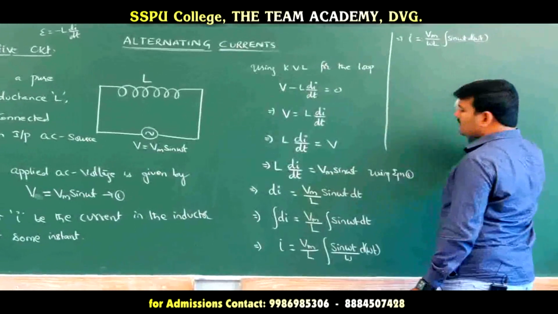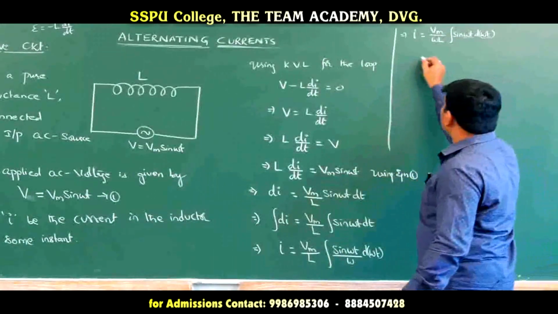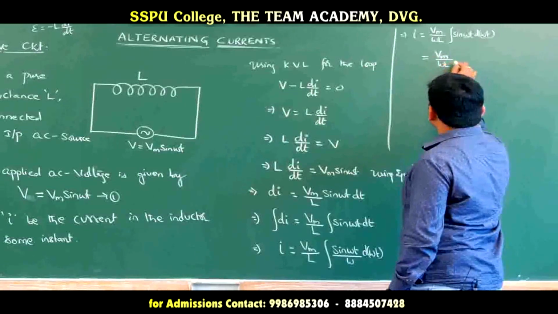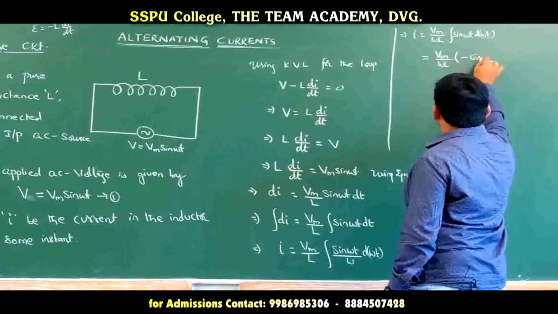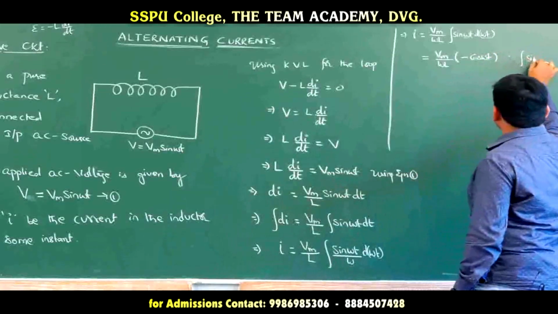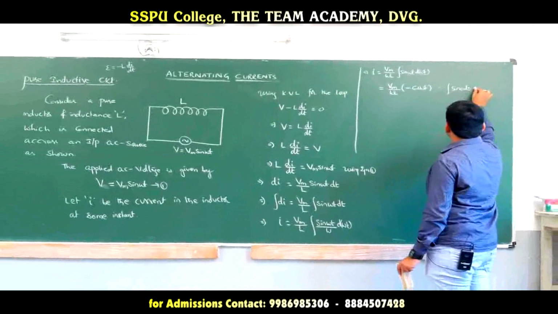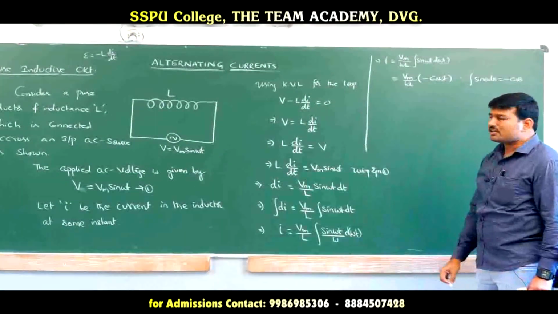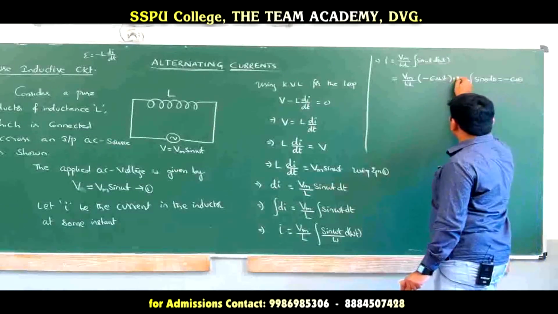If you take this as the theta term, this is also theta. Integral sin theta d theta is minus cos theta. Therefore I can write it as Vm by omega L into minus cos omega t, since integral of sin theta d theta is equal to minus cos theta. Along with this, you will also have the integration constant plus c.